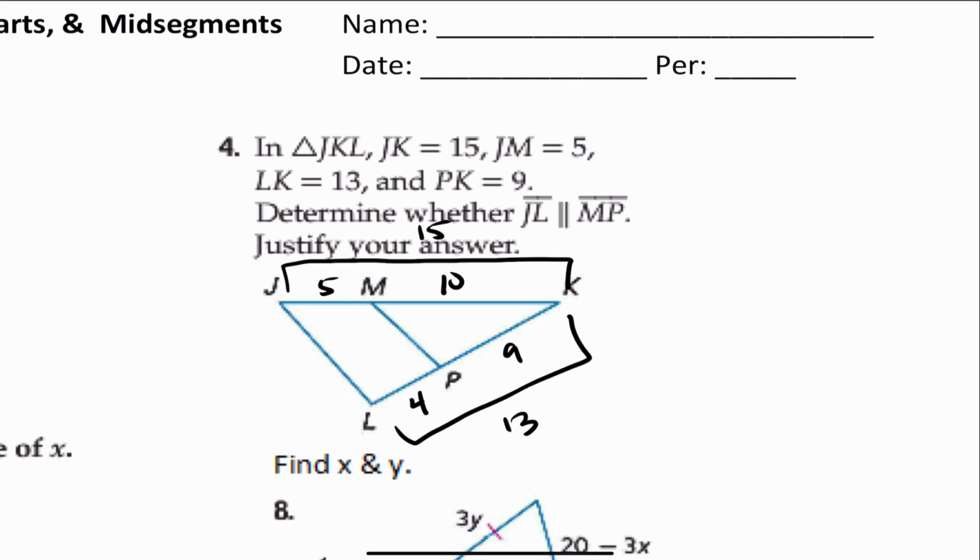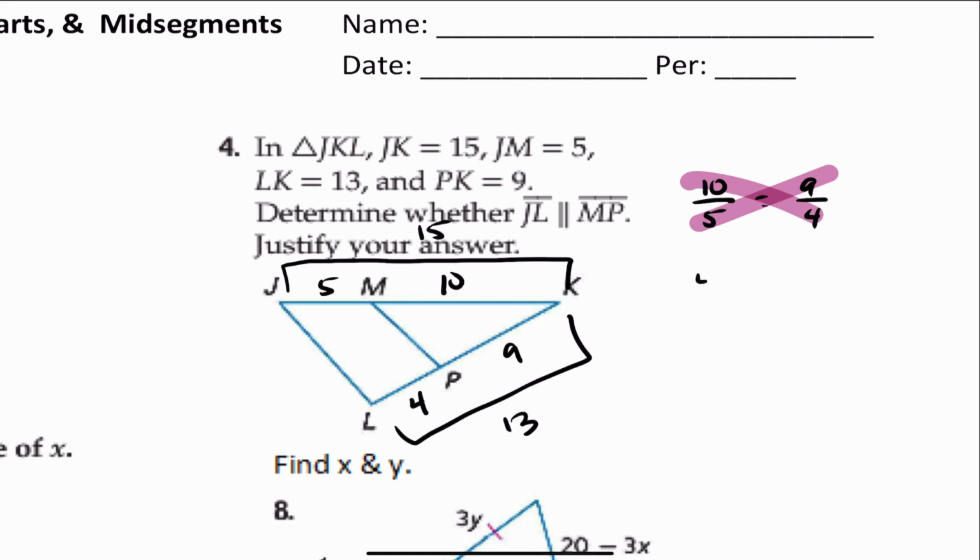So I've got to check whether or not segment JL is parallel to segment MP. So we're going to go ahead and check whether or not the cross products are equal, okay? So I'm going to do this over this, so 10 over 5 equals this over this, which is 9 over 4. Then I'm going to cross multiply.